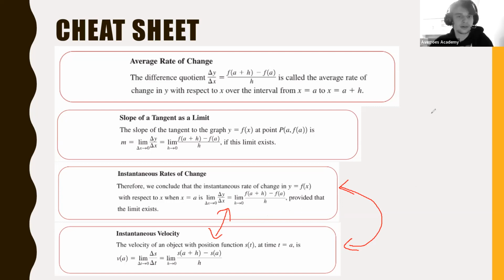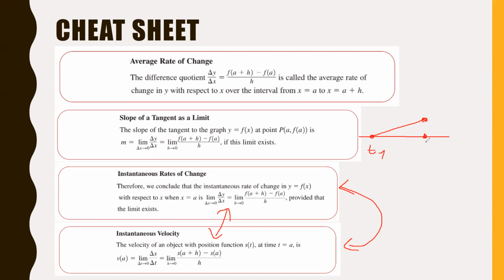In what cases do we have velocity? When we have a moving object, exactly. And when the object is moving, it has a path that it covers, and a time over which this path has been covered. Time 1 and time 2.